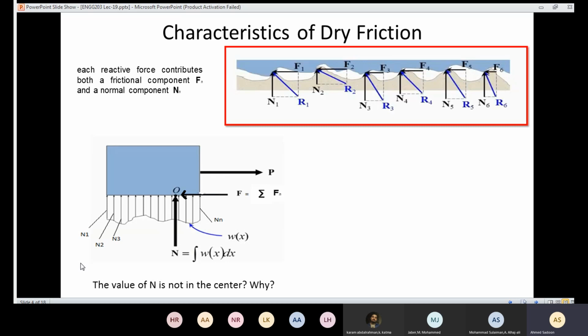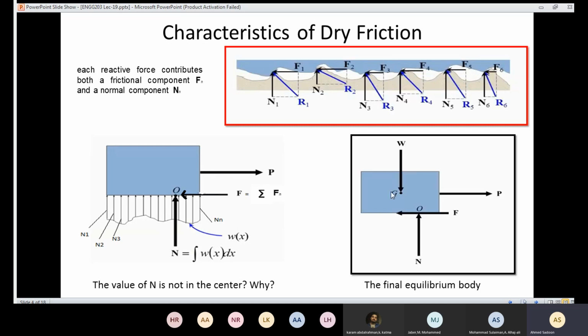Finally, we can draw a free body diagram for the box case. Here we apply a force F, and the box has a weight. The weight is going to act down in this direction, and the line of action is going to pass through the center of gravity of the box.